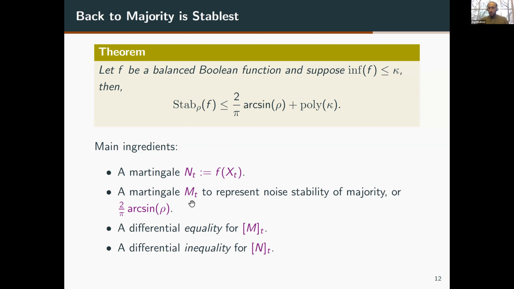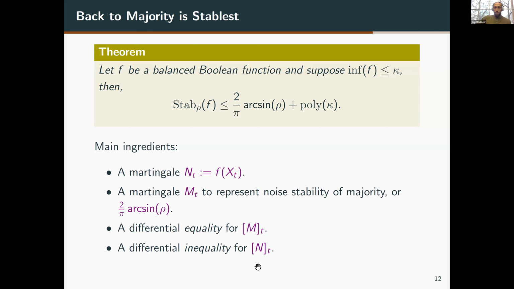We will need another martingale Mt to represent the noise stability of majority, or rather its limit, which is basically this arcsine function. And what we will prove is that the quadratic variation of M satisfies a differential equality, and that the quadratic variation of N satisfies almost the same thing as an inequality. This will allow us to construct a coupling which will compare between the two processes.